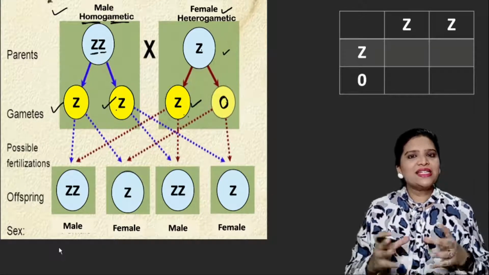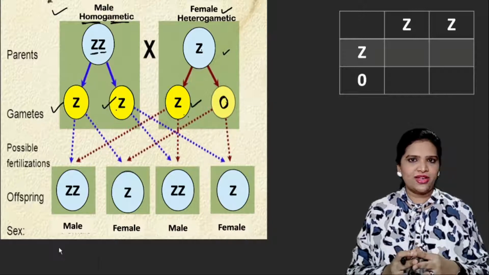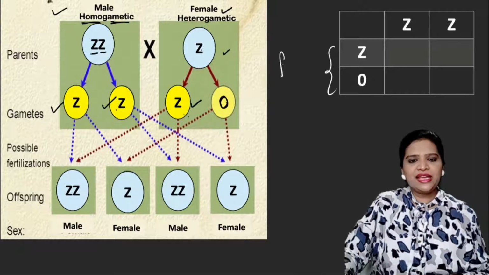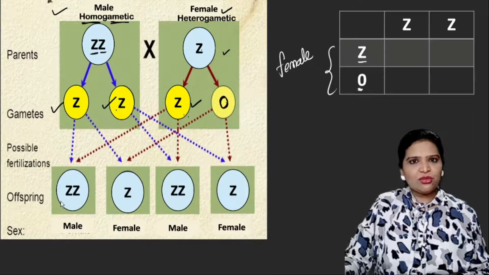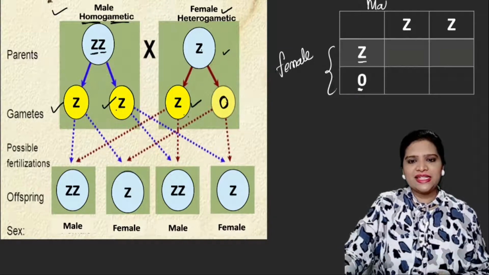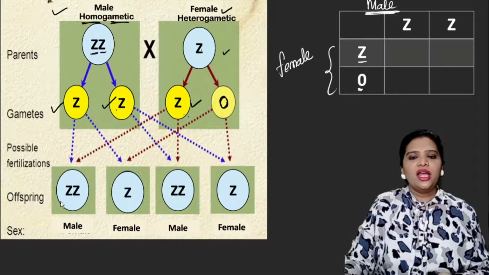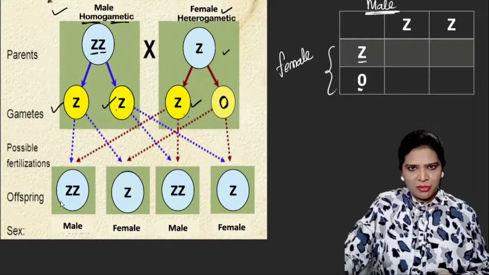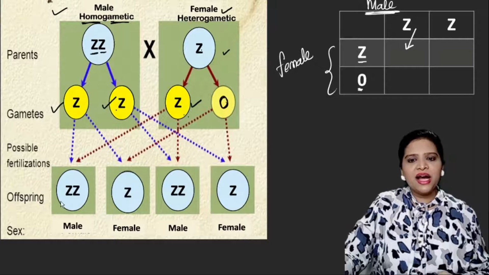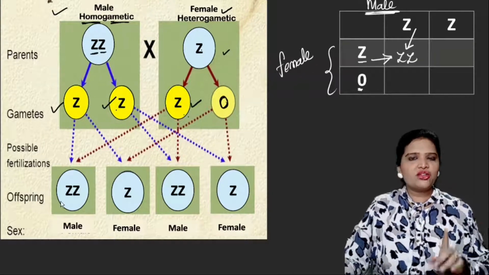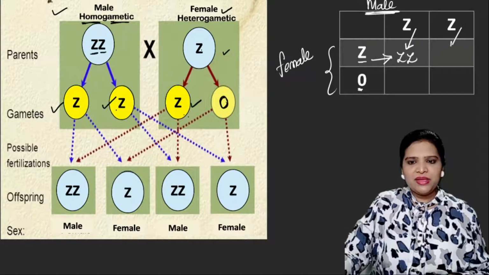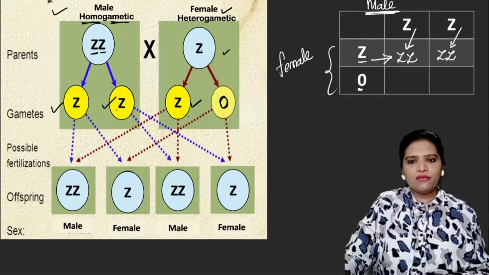Now let us see the combination using a Punnett square. These are the female gametes, that means Z and 0, and Z is the male gamete. If the male gamete, the sperm, combines with the egg with the Z chromosome, this results in ZZ offspring. Similarly, the second one, ZZ offspring.